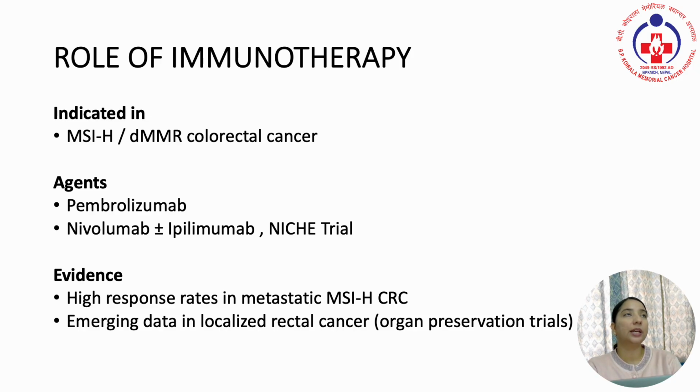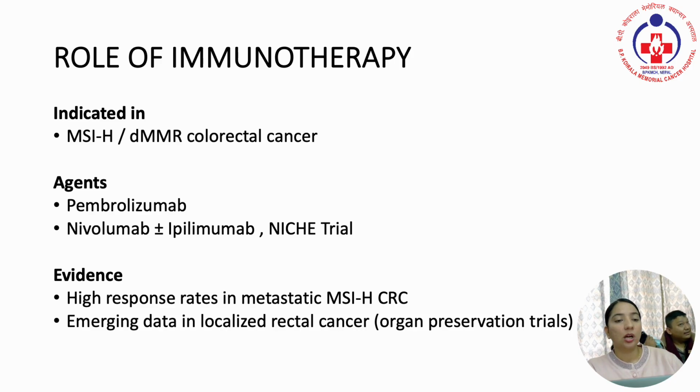And the role of immunotherapy. Till now, it is indicated in MSI-high cases or detected MMR gene deficiency in colorectal cancer. And the commonly used agents are pembrolizumab, nivolumab, either plus or minus ipilimumab, and this is also suggested or advised by the NICE guideline.